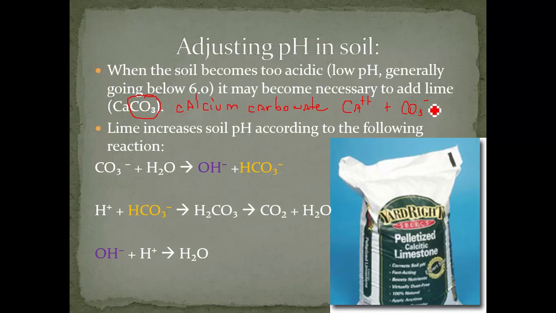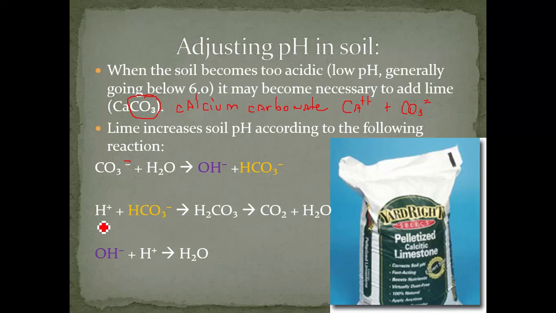I can't recall whether this is supposed to have 2 minuses on it or not. I have to check on that, but I believe it should have 2 minuses. What you have is your carbonate ion combining with water to give a hydroxide ion here and a bicarbonate ion here. Yes, that should have two minuses here.